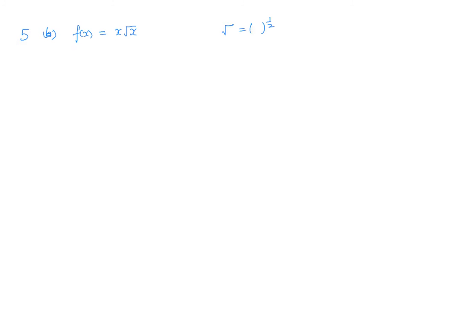So x to the power 1 times x to the power of half, we can simplify it to become x to the power of 1 plus half. Please remember, 1 plus half is 3/2. So in this case, I will prefer to write it as square root of x cubed.